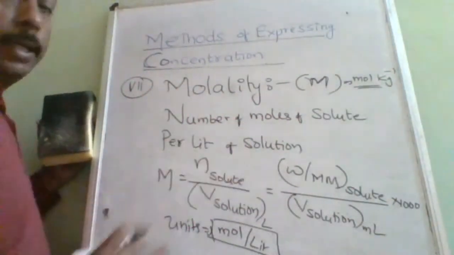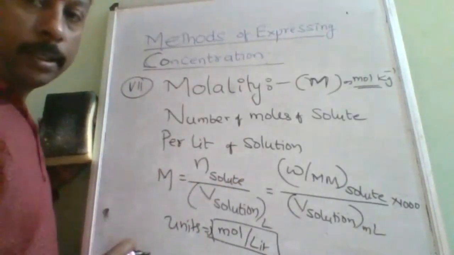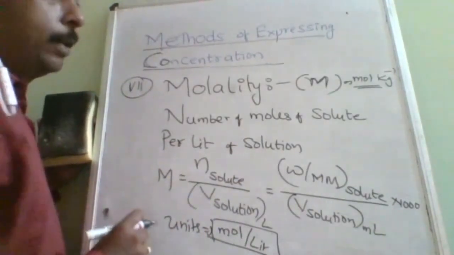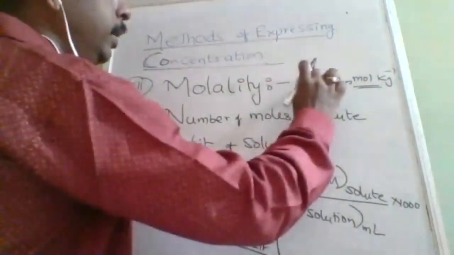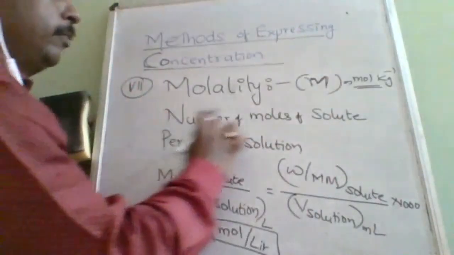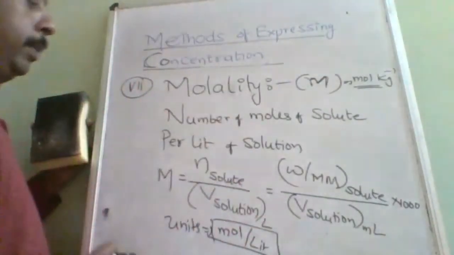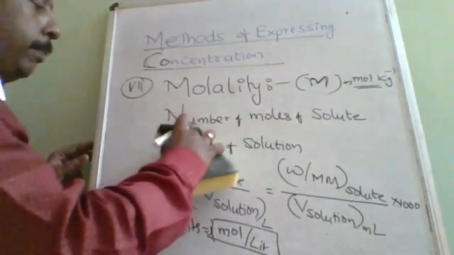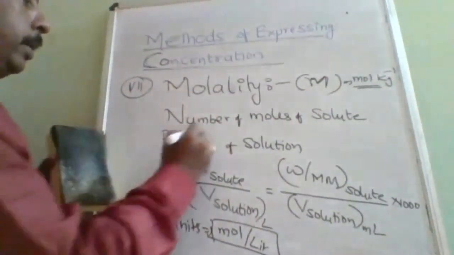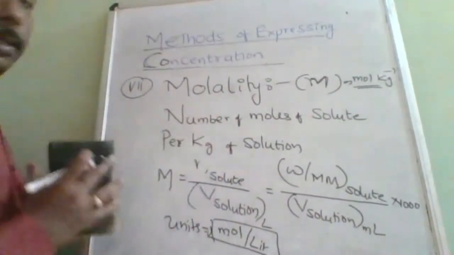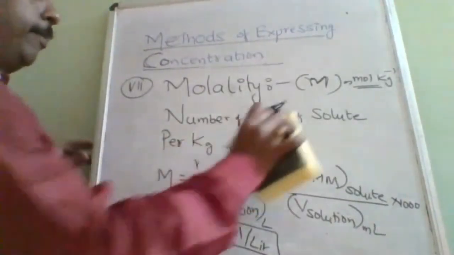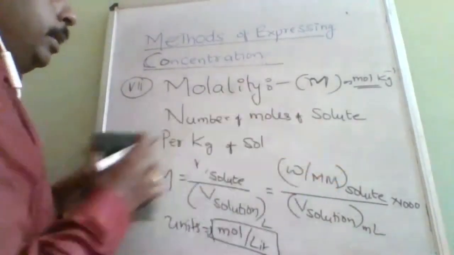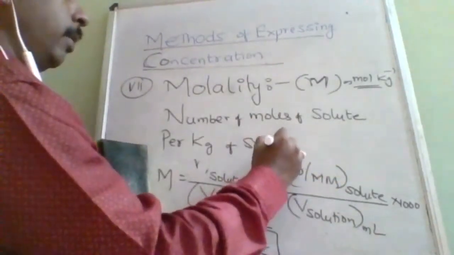Likewise, when you compare and study, it is more interesting and very easy to understand. Number of moles of solute, no problem at all. But instead of per liter, it will be per kg, and instead of per solution it will be per kg of solvent.